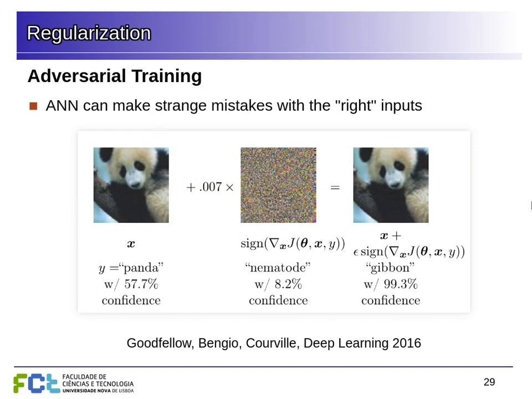Another way of doing regularization is called adversarial training, and this depends on the actual problem that you're trying to solve, so it may not be applicable in all cases.